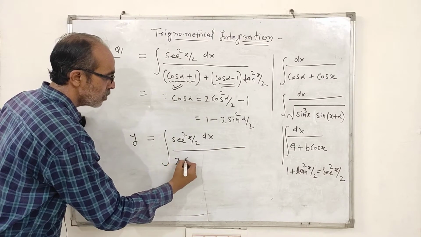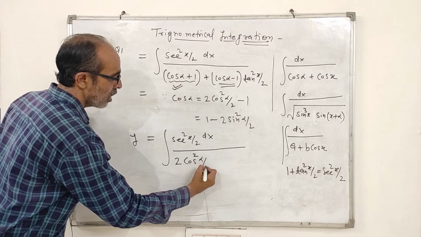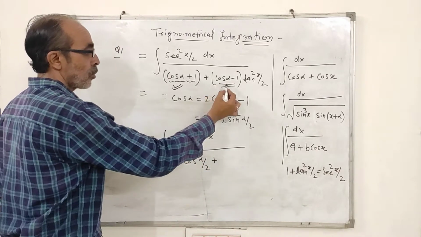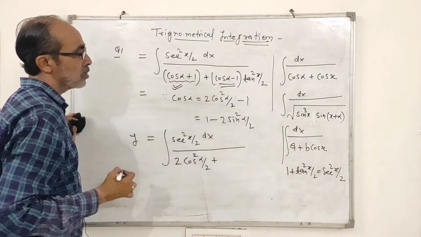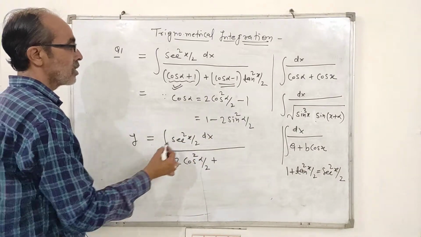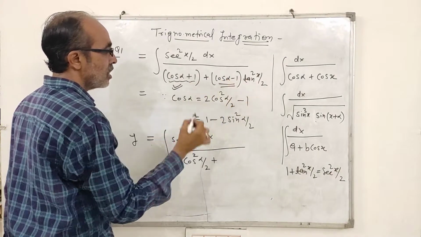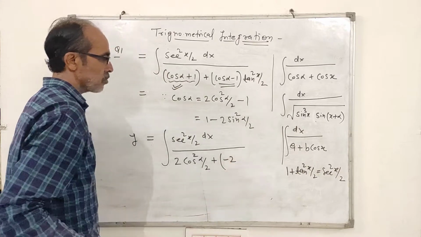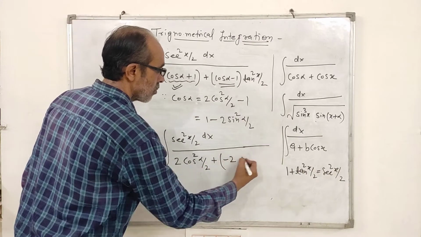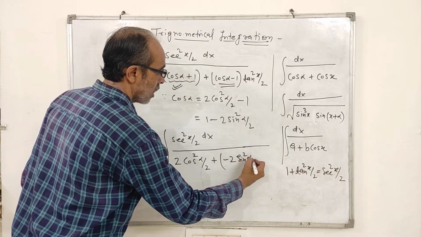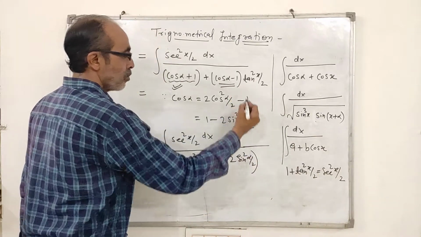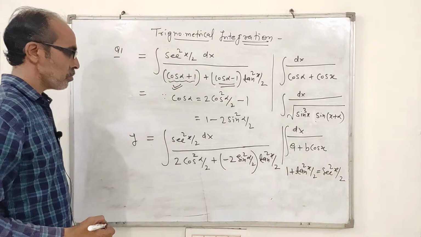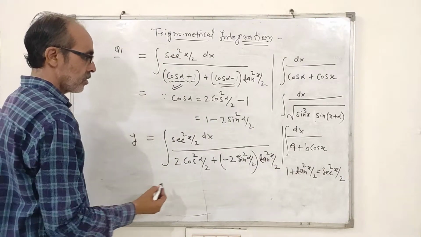Plus, writing cos alpha as 1 minus 2 sin square alpha by 2, the 1s cancel and the sign is negative 2 sin square alpha by 2 multiplied by tan square x by 2.